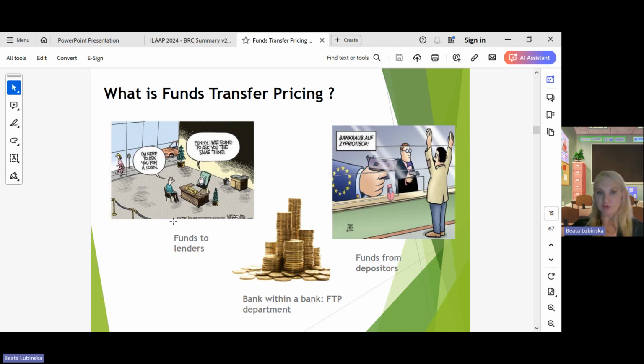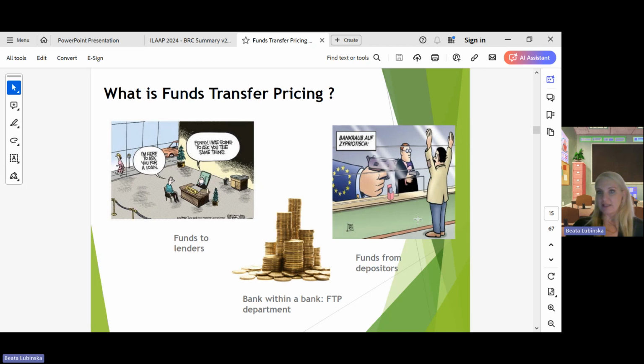And the price for this liquidity is the FTP rate. So FTP is a benchmark for the specific institution in terms of the price or charge for the liquidity which is provided to the business unit.